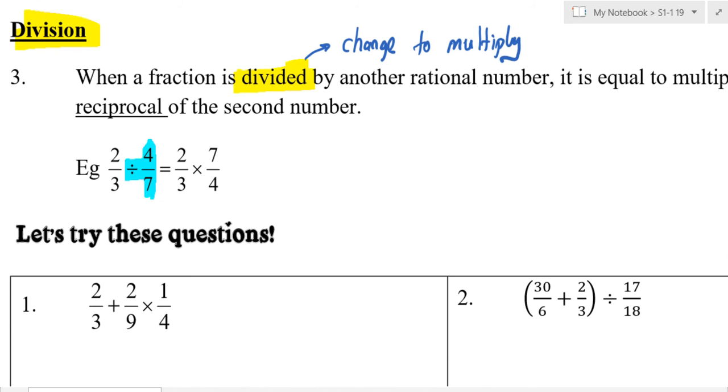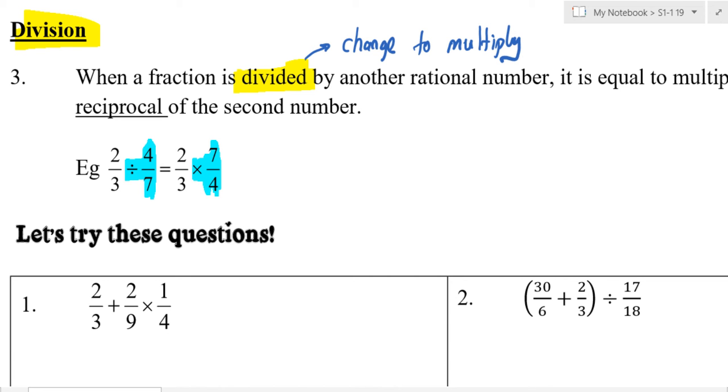So divide by 4/7, very simple. I change to multiply, then I swap the denominator and numerator around. Can you follow? So now 4/7 becomes 7/4. Then what do you do next, Max? 2 times what? 7.